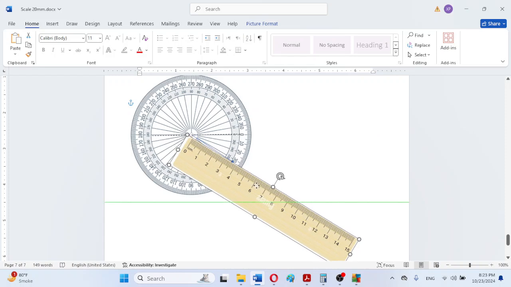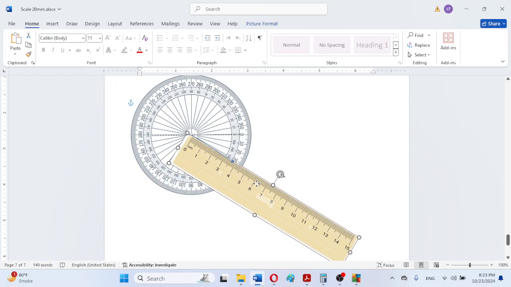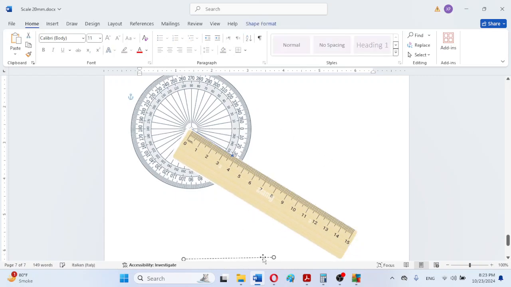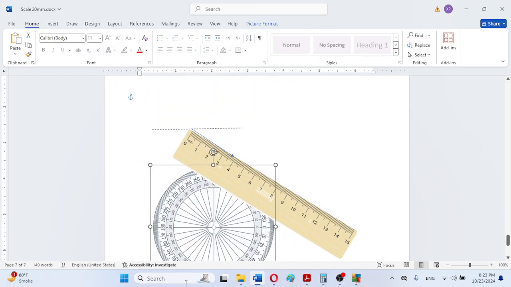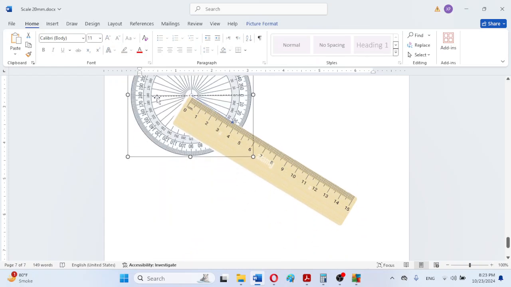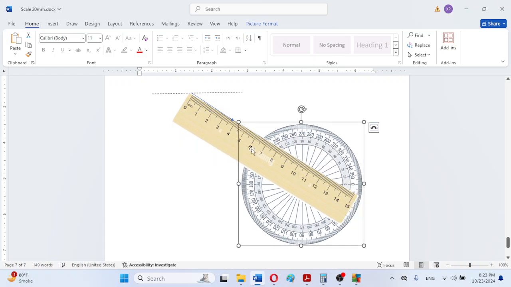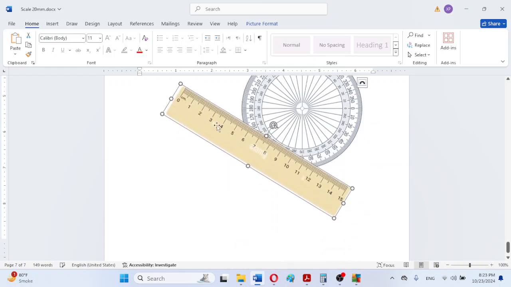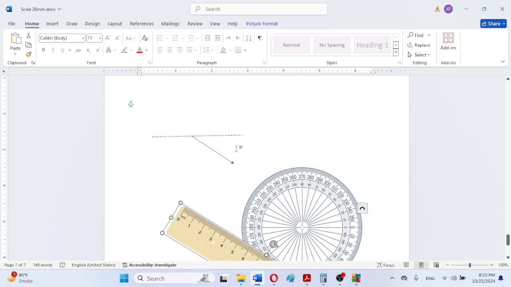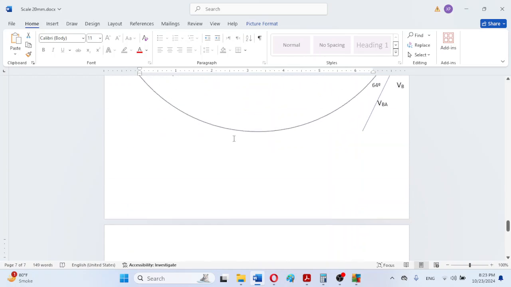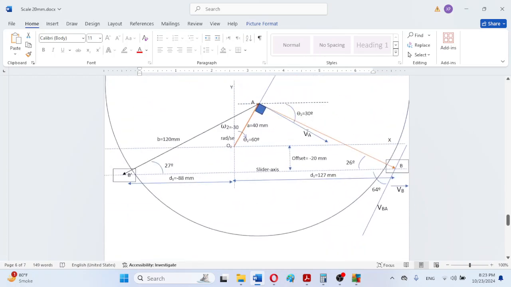So this vector has been placed. Now we move this protractor and scale out of this location to draw other vectors. VA has been drawn and can be labeled.